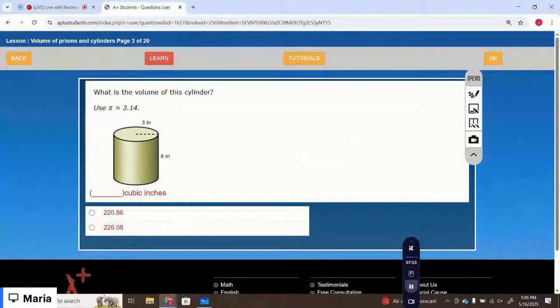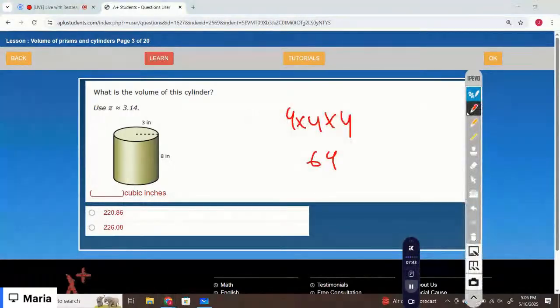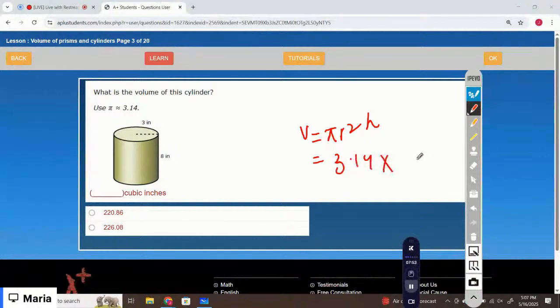What is the volume of the cylinder? So the volume of the cylinder is V equals pi r squared h. So pi is 3.14, radius is 3 squared, and height is 8.